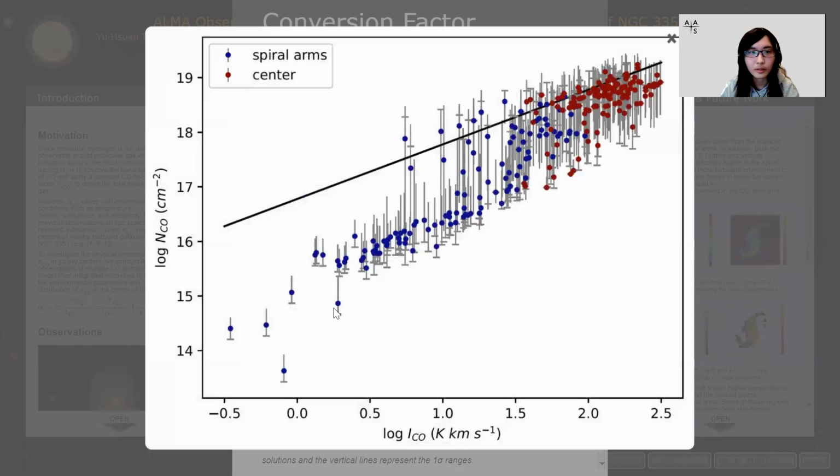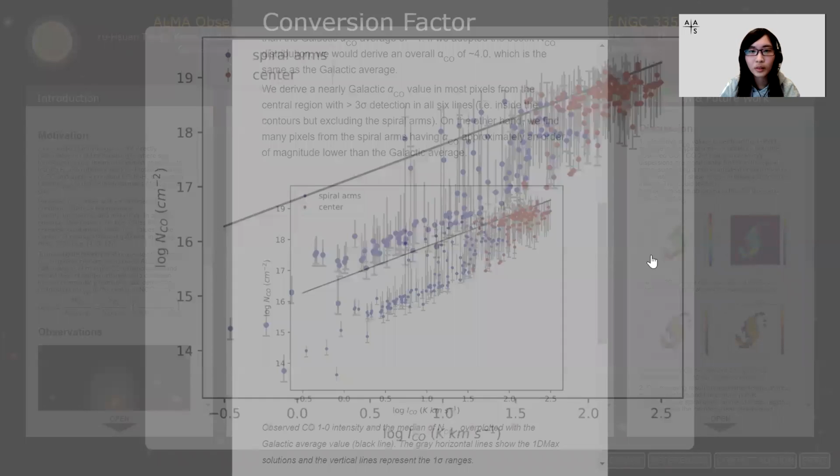And here is another plot showing the relation between the derived CO column density and the observed CO intensity. And this black line here shows the Milky Way average. Here we separate the pixels from the spiral arms and the centers, and we can clearly see that even with the error bars, there are still many pixels from the spiral arms having lower alpha CO values than the galactic average.